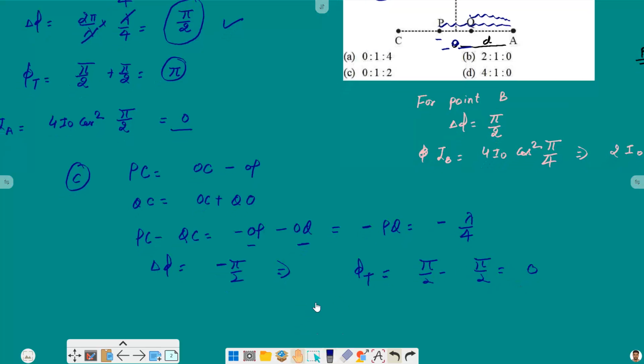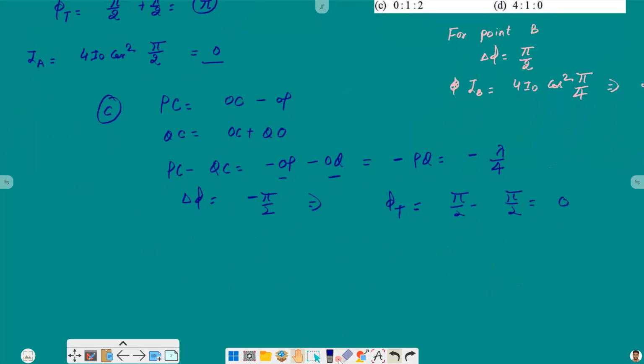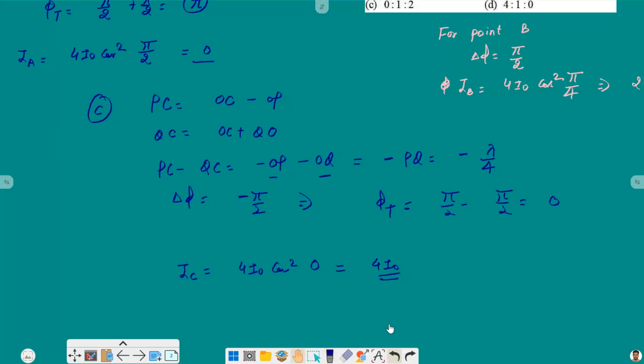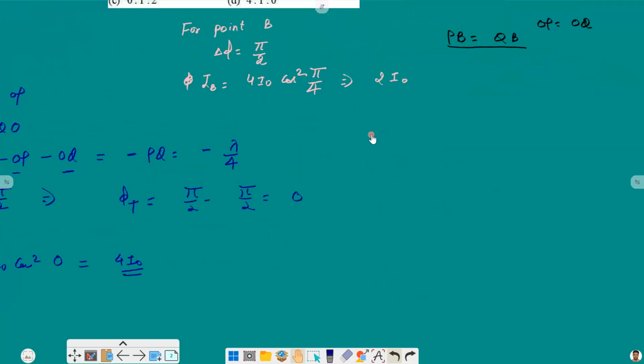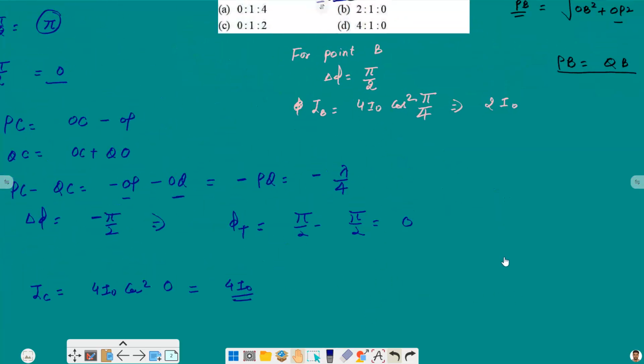So from this, if we calculate the intensity at point C, the intensity at point C will be equal to 4I node cos square of 0, and that will be basically equal to 4I node. So our intensities are, for A we have 0, for B it is 2I node, and for C it is 4I node.